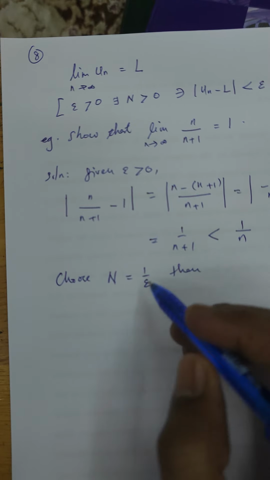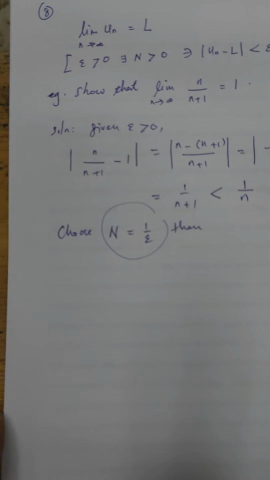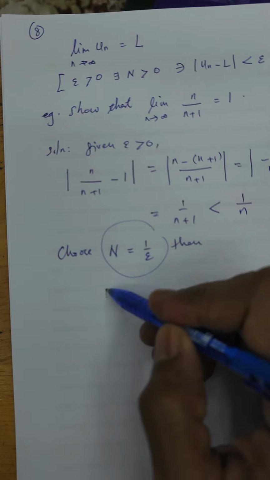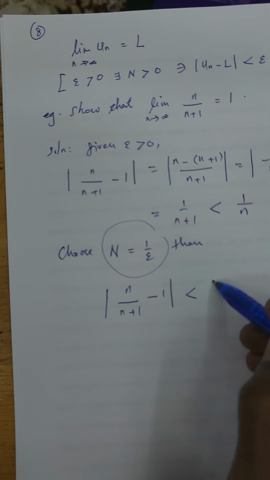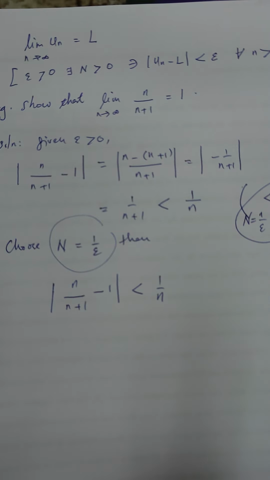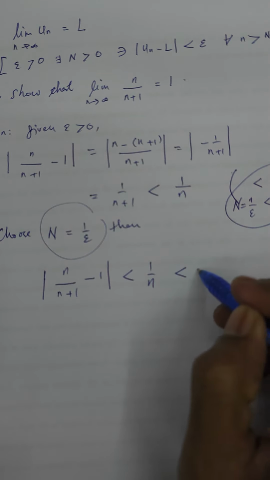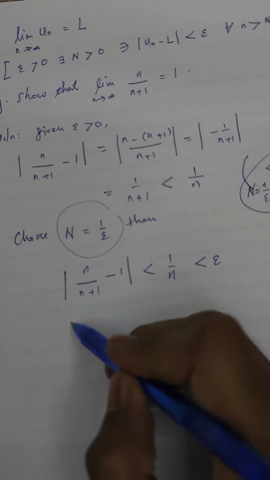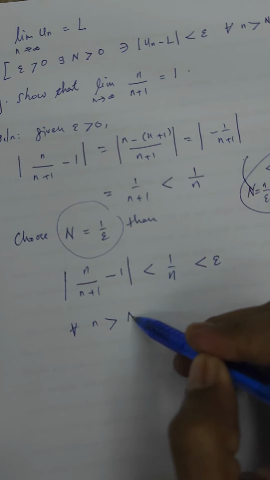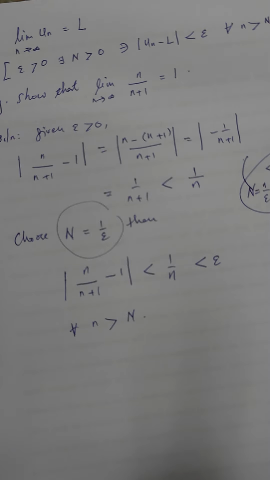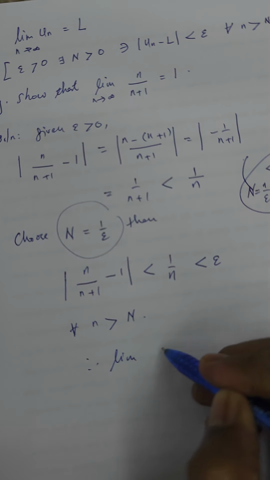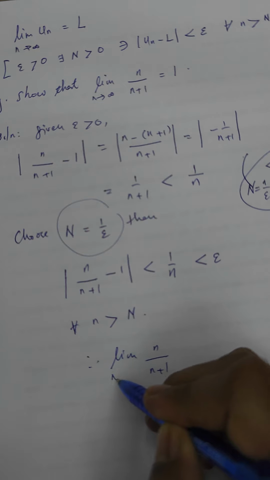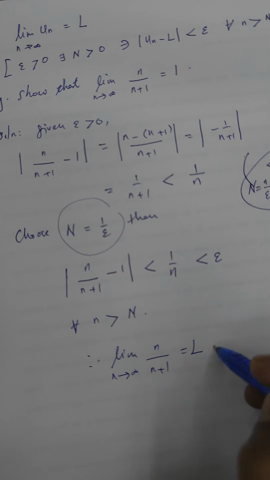Then what we have: 1 over epsilon, this comes from this part here. Then from there, what we want to show is that n over n plus 1 minus 1 is less than 1 over n, which we have shown in the previous step, and this is less than epsilon for all n greater than N. So we can conclude that therefore the limit of n over n plus 1 as n goes to infinity is equal to 1.